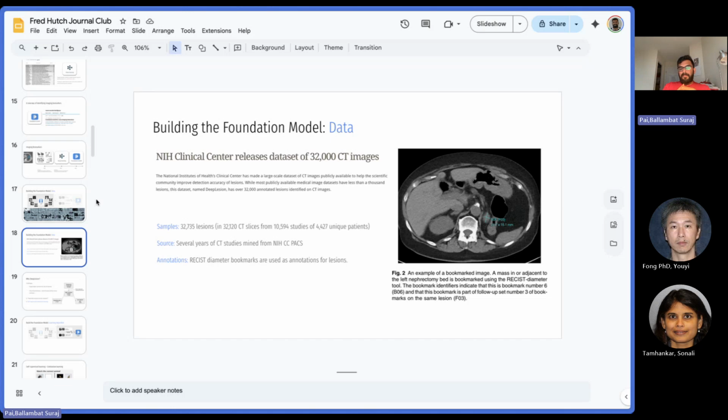Only about 5,000 of them had what site they came from, but not even the diagnosis for the cancer. There was really a lack of information with this data set.